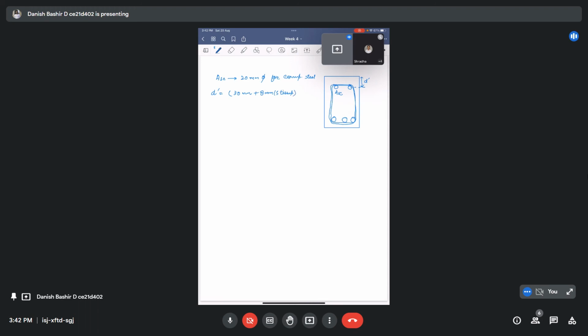Stirrup plus half bar diameter, that is 20 by 2, will be equal to 10. So I will get D dash approximately as 30 plus 8, 38, plus 10, equals 48 mm.